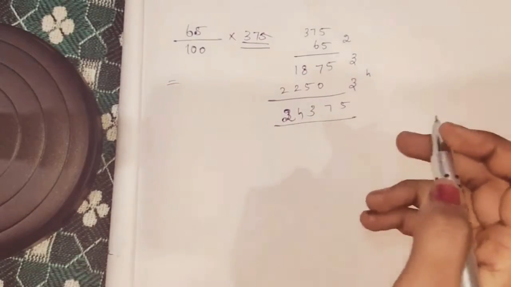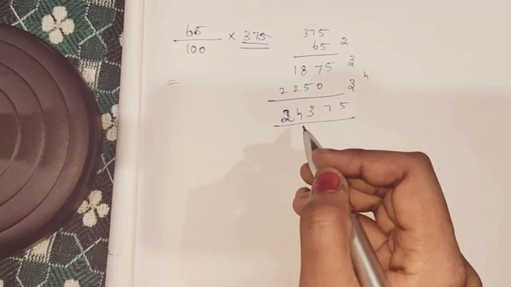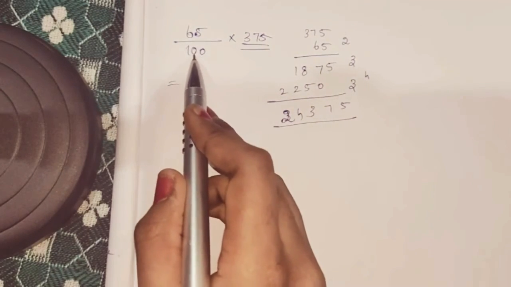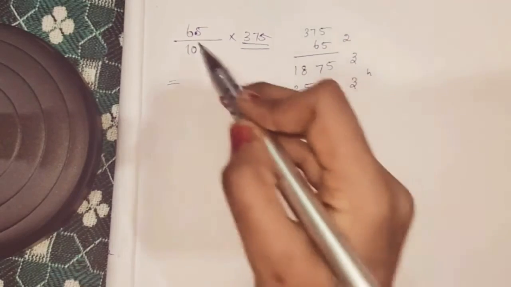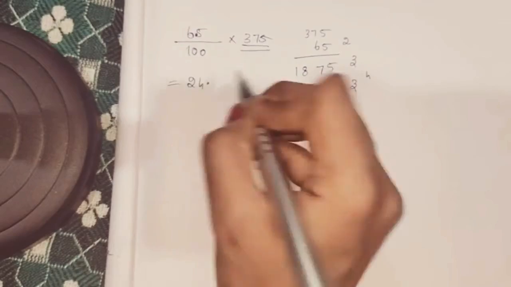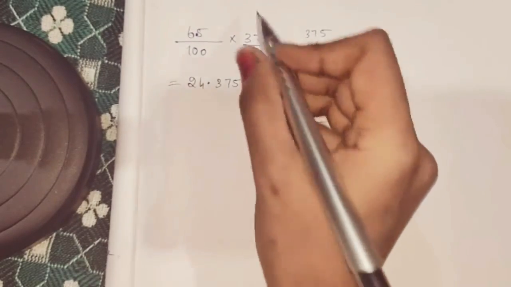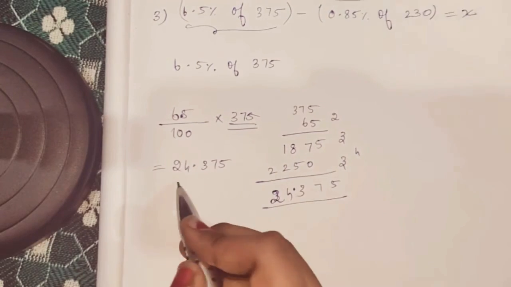Now you'll get 24375. So now the decimal points. For 100 you have to take 2 points. So 1, 2, then 1 point here. So 1 will come here. Therefore 24.375. Therefore 6.5% of 375 is 24.375.